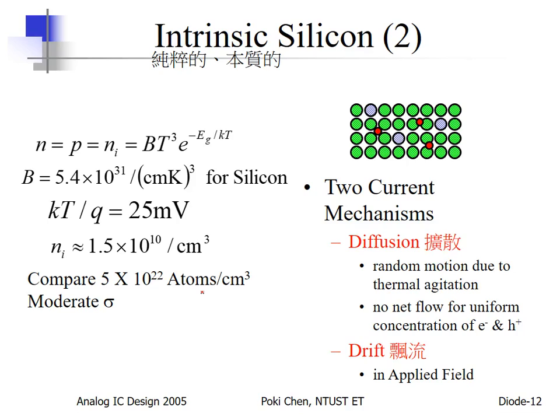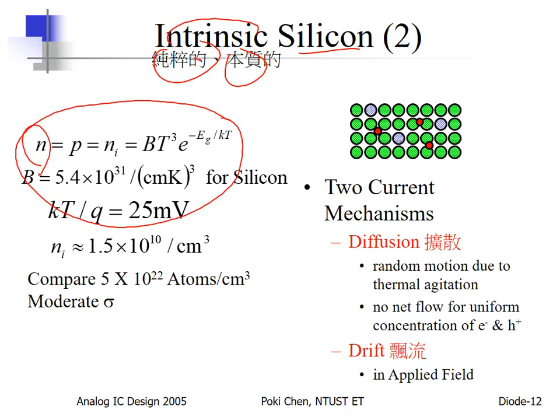Anyhow, this is intrinsic silicon, pure silicon. After some semiconductor, quantum physics, solid state physics, you will have n equals p equals ni. The i means the number of the intrinsic semiconductor. Don't ask me how to derive it. I'm your professor for IC design instead of quantum physics.